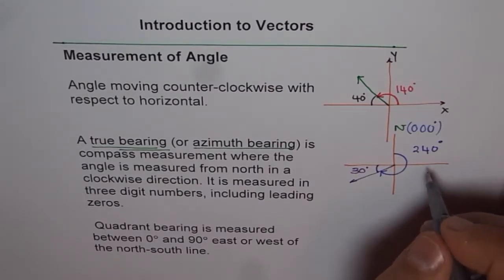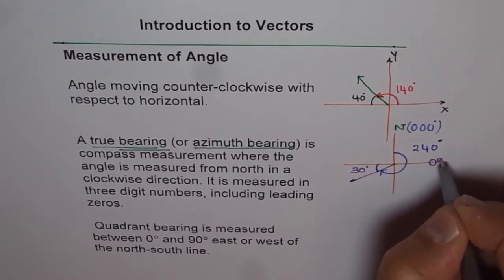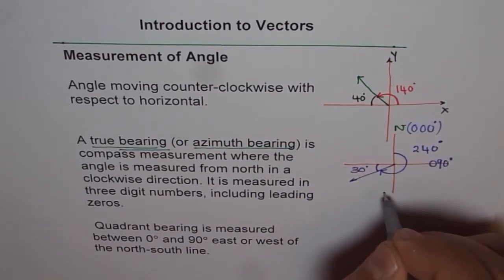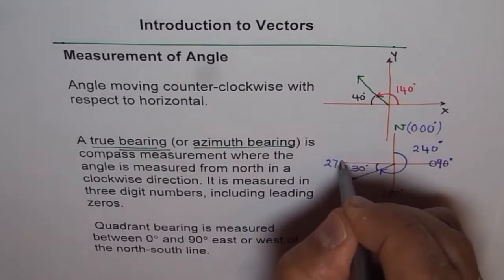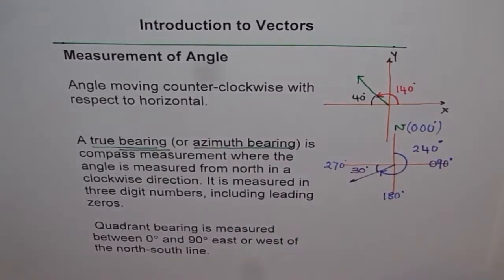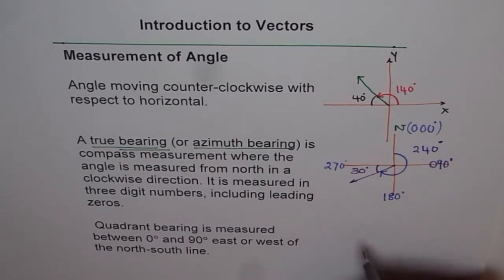When you look at the compass, this will be written as 0, 90 degrees. And this is 180 degrees. And that is 270 degrees. So these are true bearing angles or the bearing angles, right? And always, as you've seen here, they will be given in 3 places, measured in degrees from north clockwise. Correct? So I've made a note here which summarizes all this. Now, let's look into another bearing angle, and we call that quadrant bearing.